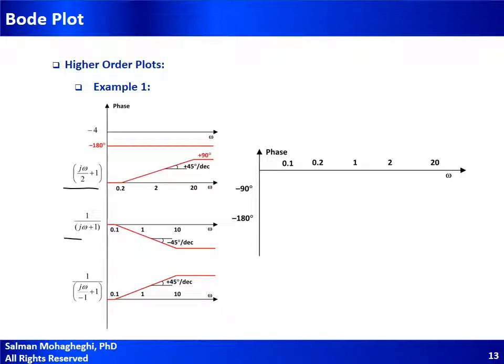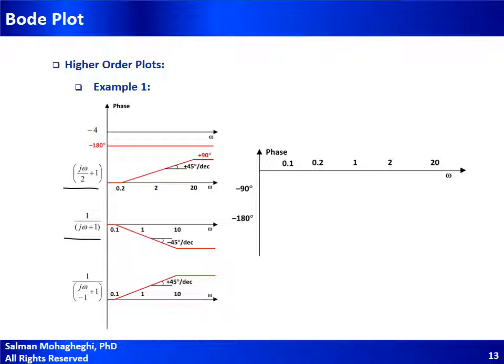Then I have a pole on the left half plane. Here the breakpoints are going to be 0.1 and 10. So for any low frequency less than 0.1, you will get an angle of 0. For high frequencies greater than 10, you would get an angle of negative 90 degrees. And anything in between would be a straight line with a slope of negative 45 degrees per decade.